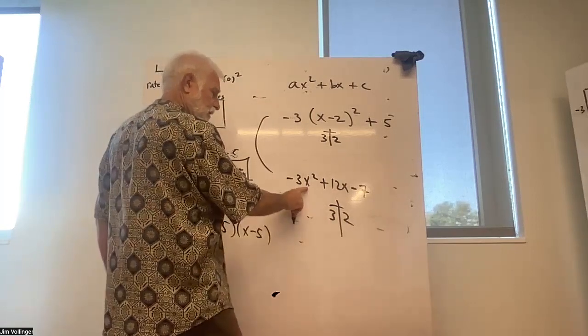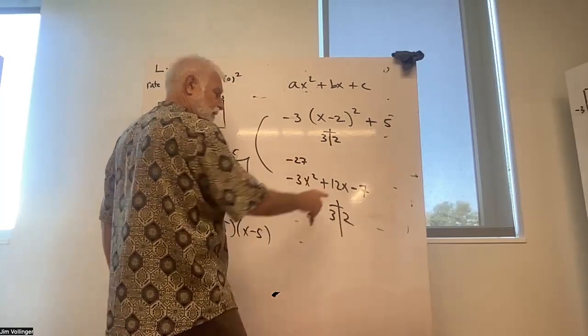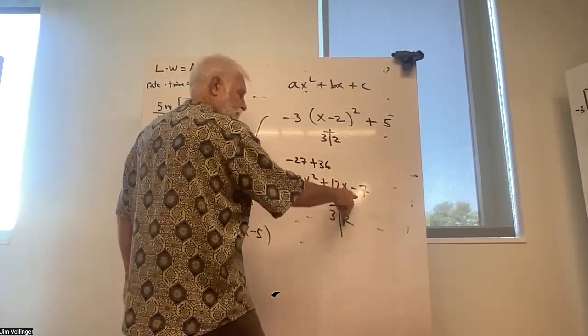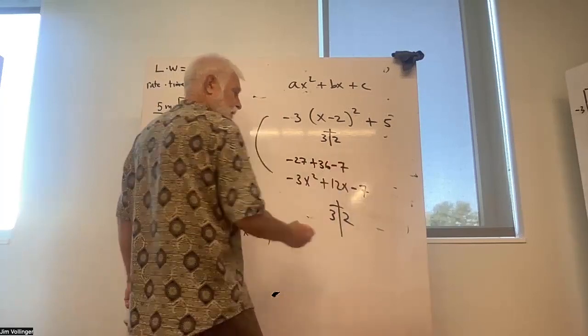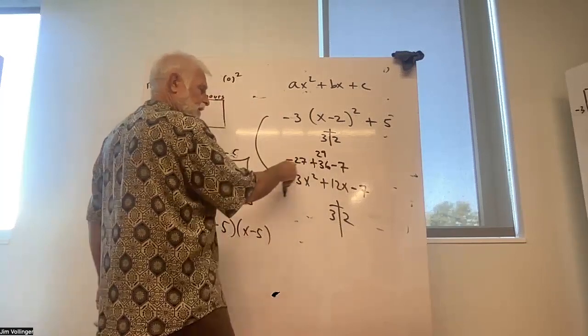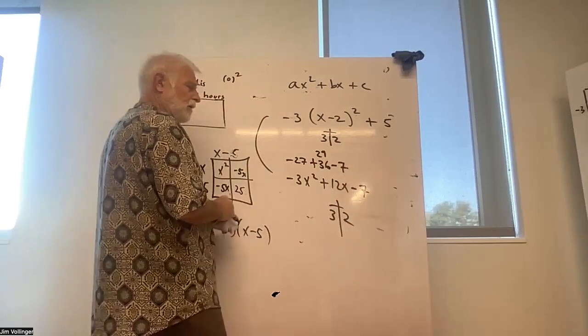So I'll put a 3 in. 9 times negative 3, negative 27. 3 times 12, positive 36. Minus 7. Well, I know 36 minus 7 is 29, and 29 minus 27 is 2. They are indeed the same calculation.